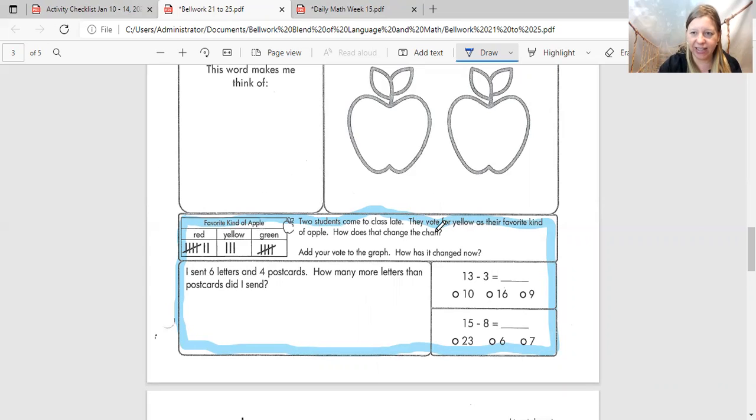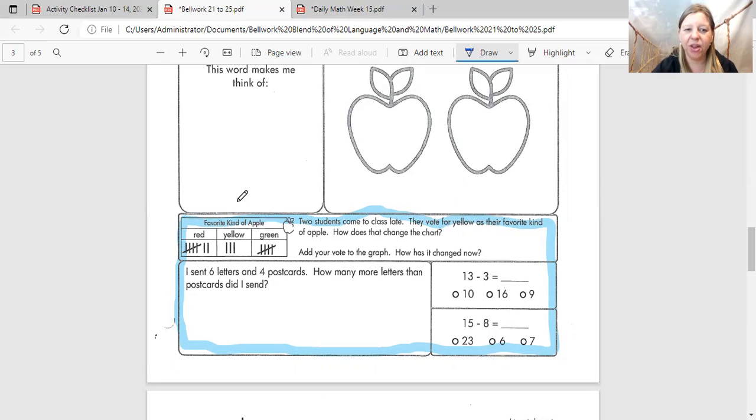In your sentence, you need to use the word like equal, greater, greatest, or least. You could also use the words lesser than, because in your sentence you are comparing the number of votes for each kind of apple.